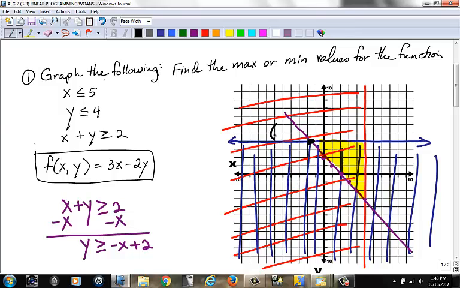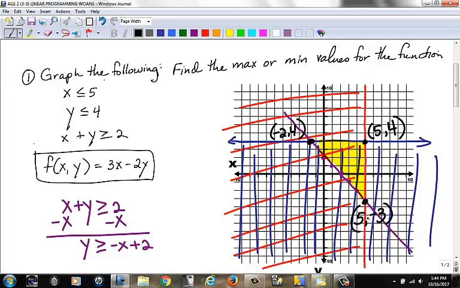You get -2, 4. Check my points. Okay. And then for this one, it would be 1, 2, 3, 4, 5, and up 4. For this one, 5, 4. And then for this one, it'd be 1, 2, 3, 4, 5, and down 3. For this one, 5, -3.